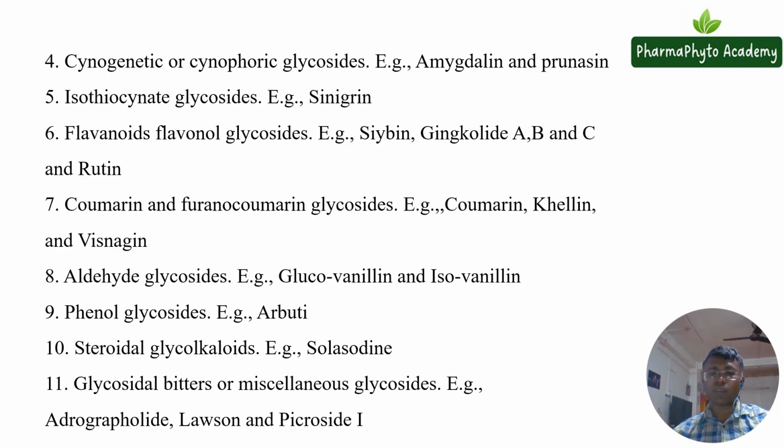And bitter or miscellaneous glycosides, such as andrographolide and picrosides. So on the basis of the chemical nature of the aglycon part, glycosides are divided into 11 types.